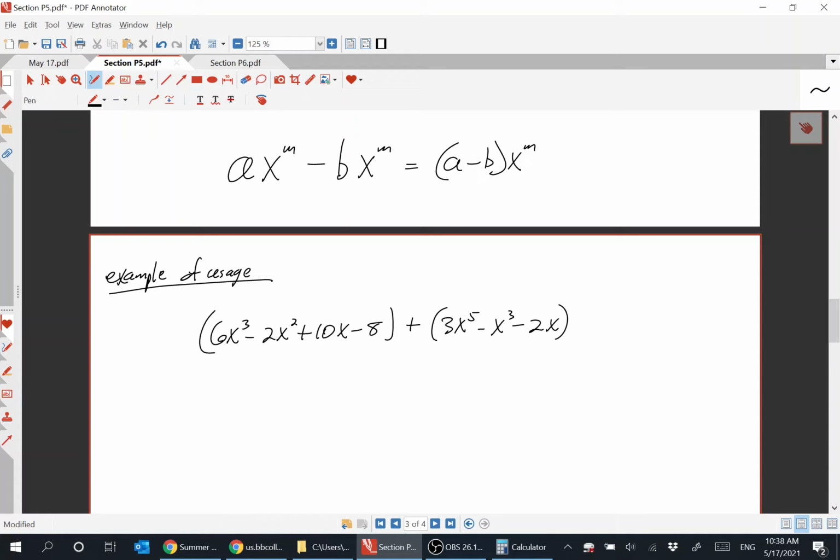Okay, so simplify by adding like terms. What does that mean? Monomials with the same exponent.